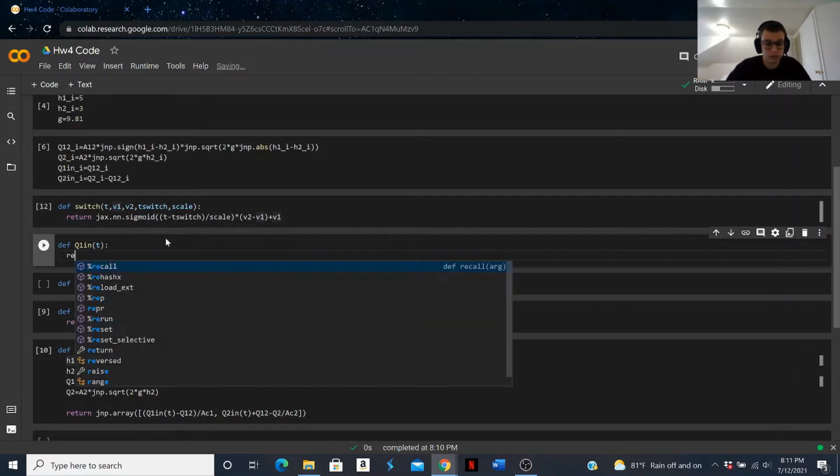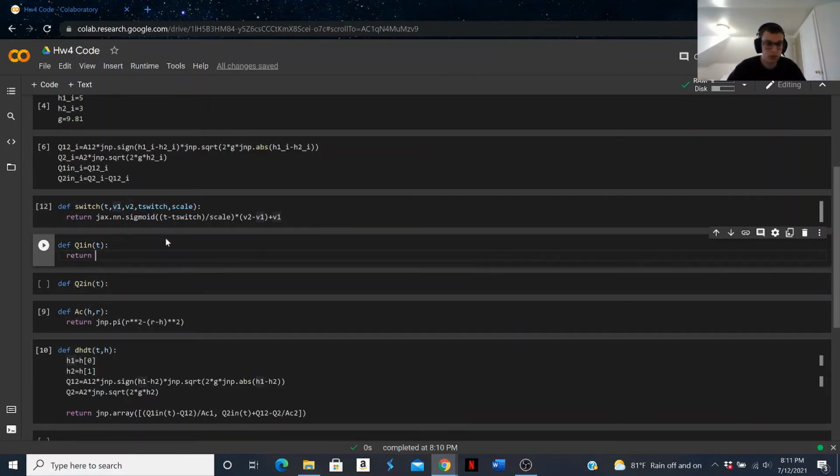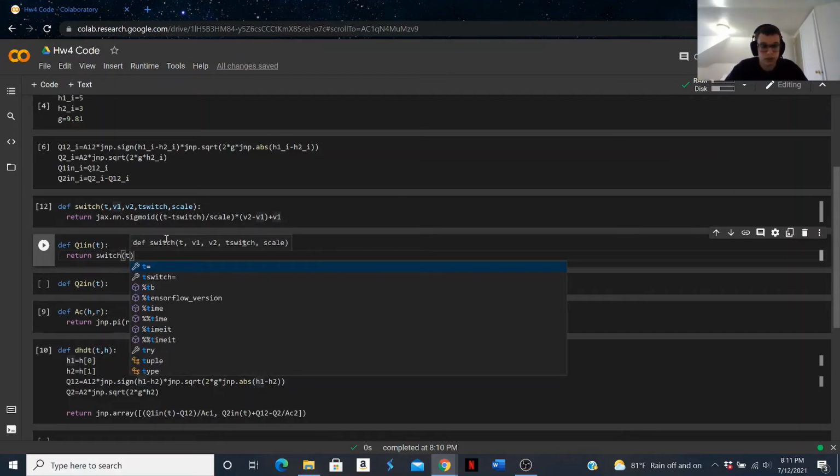And I'll let you know what those times are and what happens at those times. So right now, we return our switch function. This dictates how our flow rate goes, so our time, right? That's an ever-changing variable, so we never have to define time.